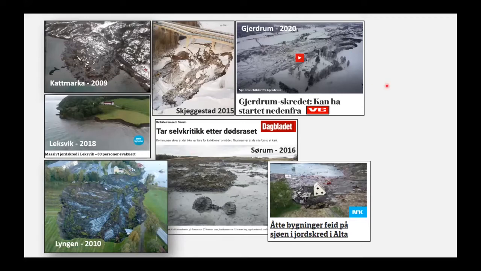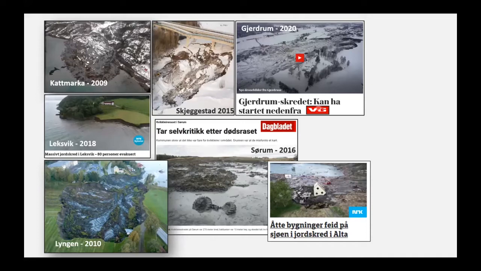That was the landslide at Gjerdrum that occurred on New Year's Eve this year. There were 10 casualties from this landslide, and you can see the scale of it. Several houses were taken by the landslide on New Year's Eve, and it was a national catastrophe.